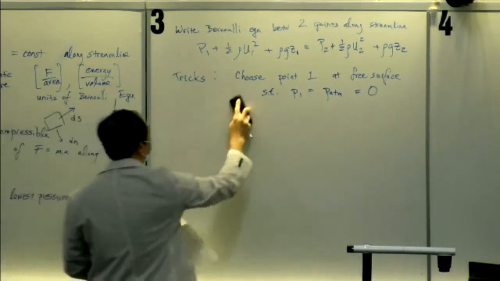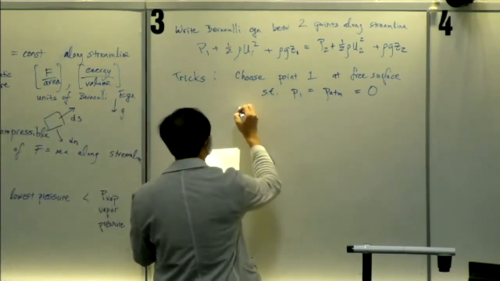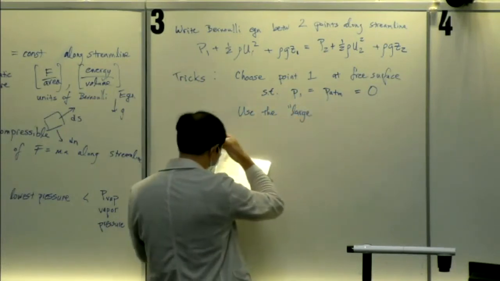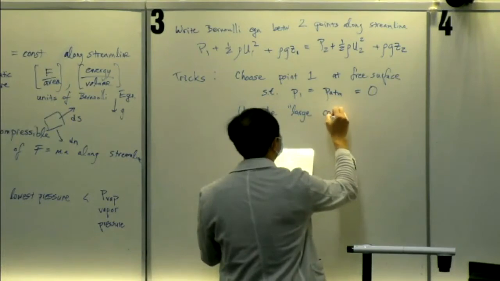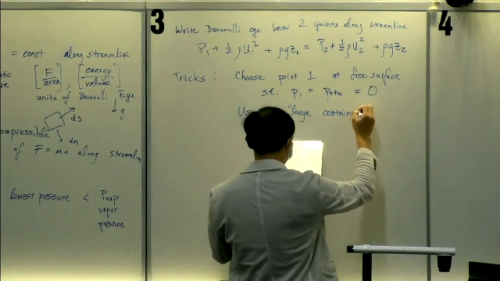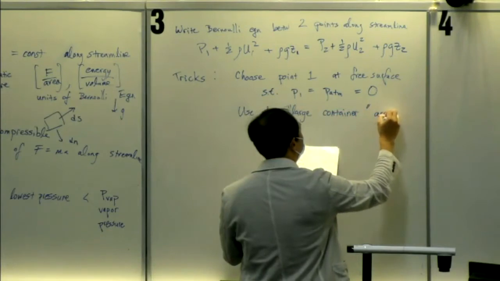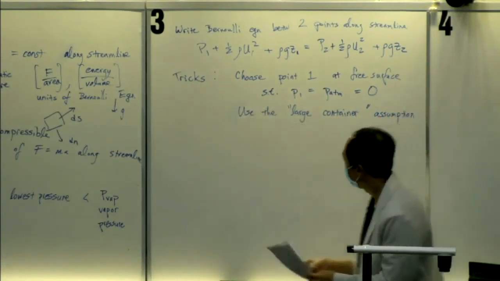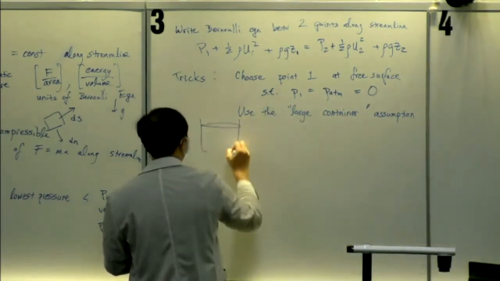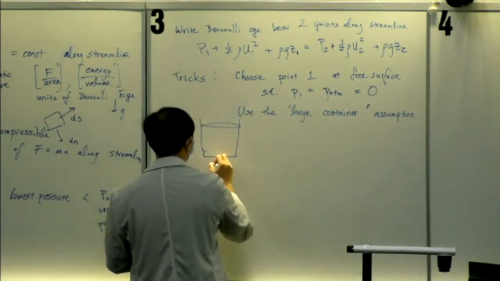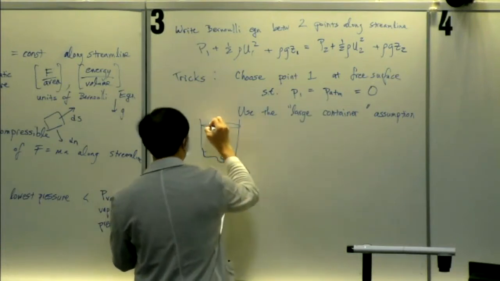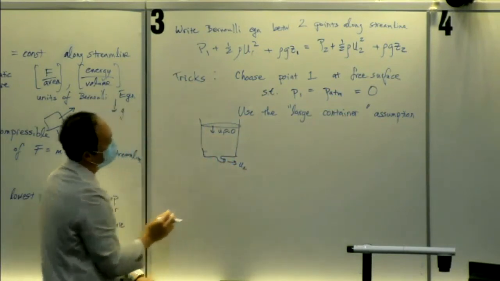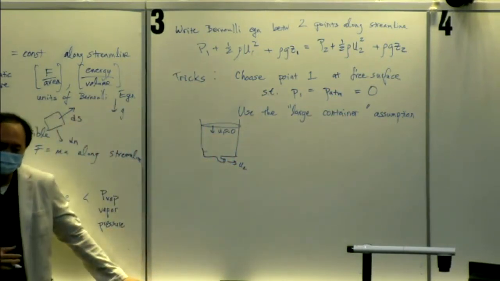If you've got a closed vessel, a lot of times you'll have the large container assumption. But be careful, because I've seen people abuse that in the quiz. For example, we've got a large container and you've got these two speeds, then the velocity at the surface is going to be really small.